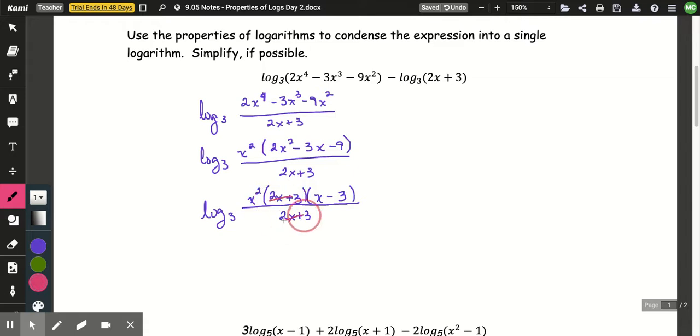So that 2x minus 3 I can cross out. That'll leave me with just log base 3 of x squared times x minus 3. Now this is condensed into a single logarithmic expression, which is what they told me to do. And there's nothing more I can do to simplify in there. So that one is done.